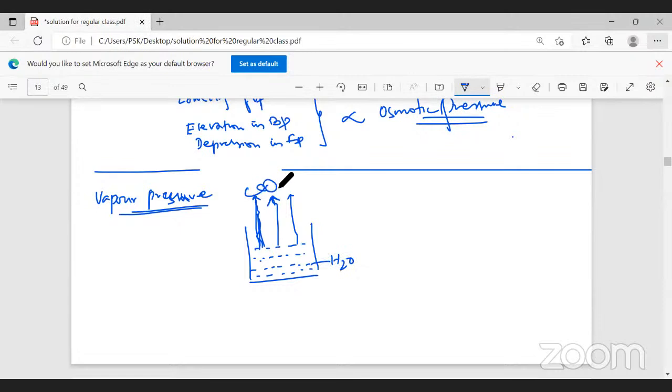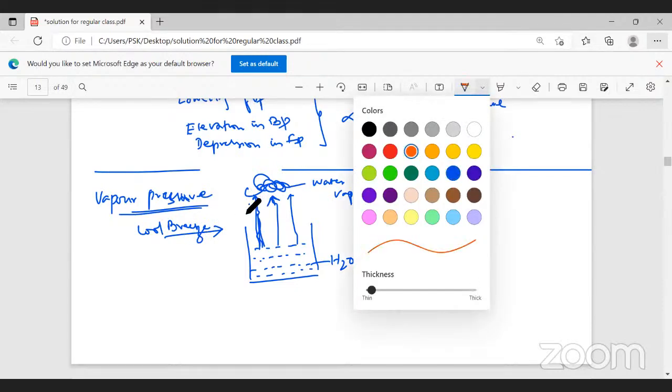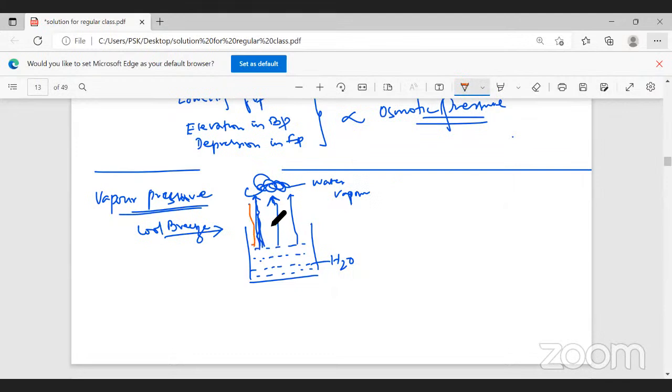Now assume this is water vapors. This is nothing but water vapors. Now assume there is a cool breeze which blows across. What happens? This water vapors will condense back.